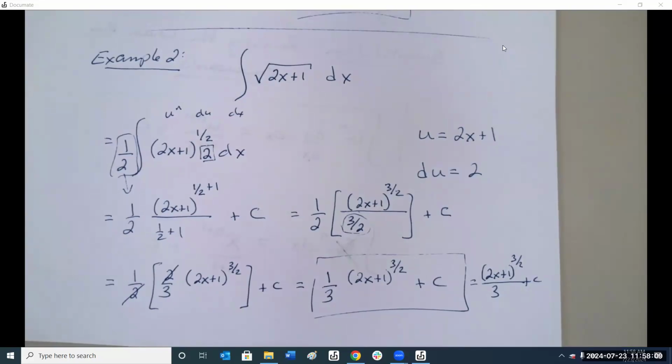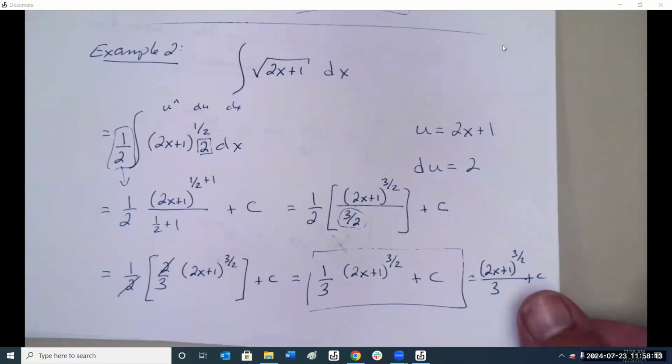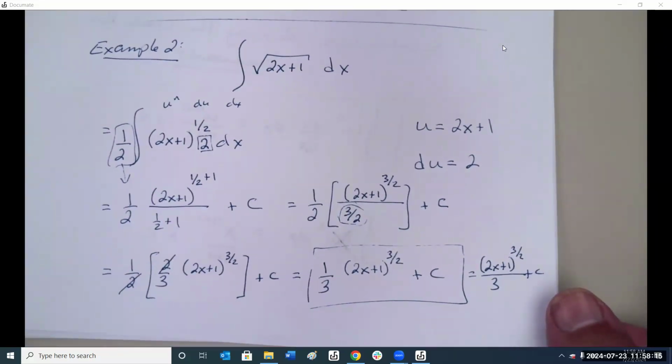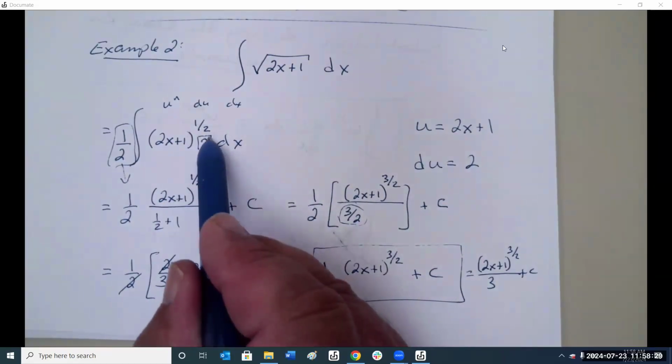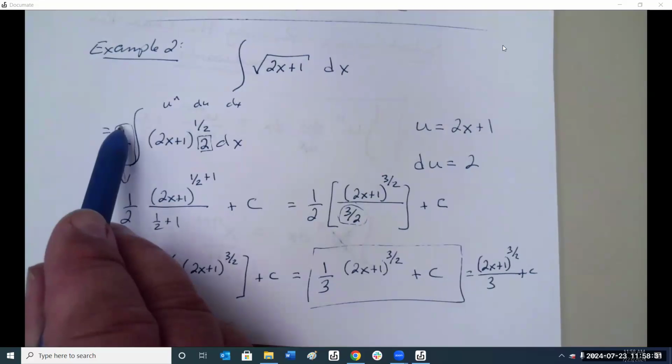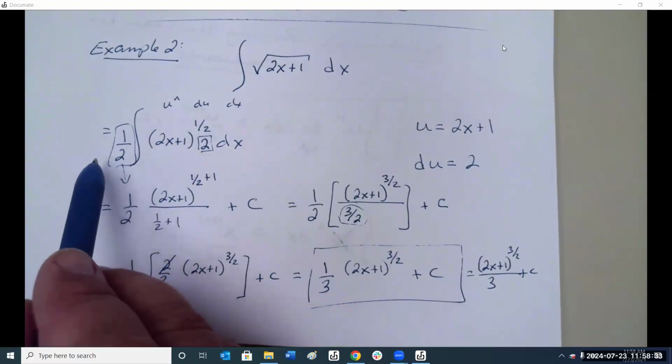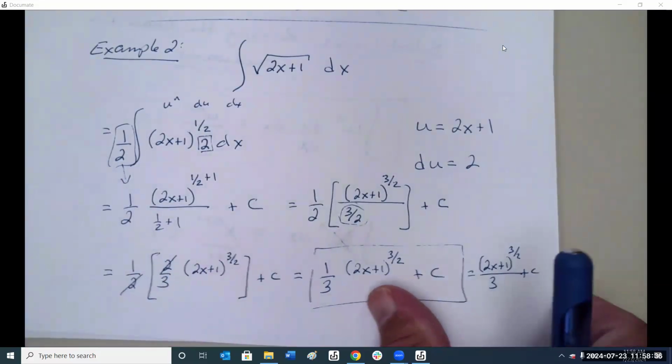You have to wait till next semester. Wait, so only if it's a number with no variable? Right. If it's an integer, or it can be a fraction also. As long as it's a rational number, you put the reciprocal of it in front. If we're missing a 3 over 4, then you have to put a 4 over 3 in front. It has to be the reciprocal of it.